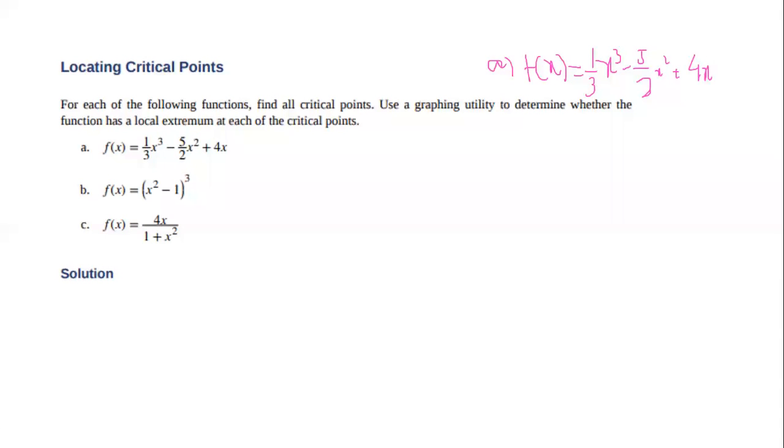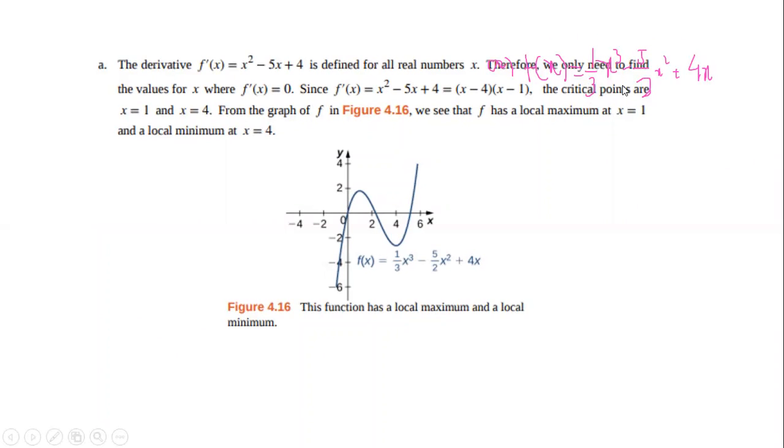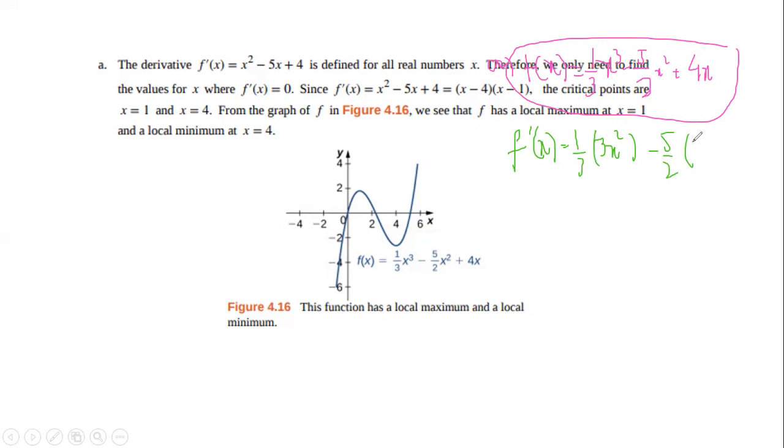First, I have to take the derivative. f derivative of x will be: 3 is a constant and x cube gives 3x squared, minus 5 upon 2 is a constant times x, plus 4. Now 3 and 3 cancel out, 2 and 2 cancel out, so it will be x squared minus 5x plus 4. This is the derivative, f derivative of x.